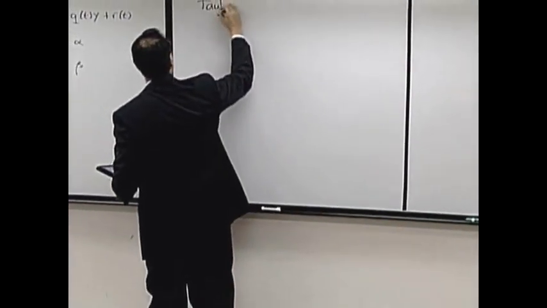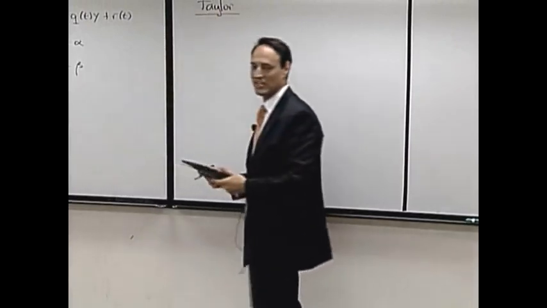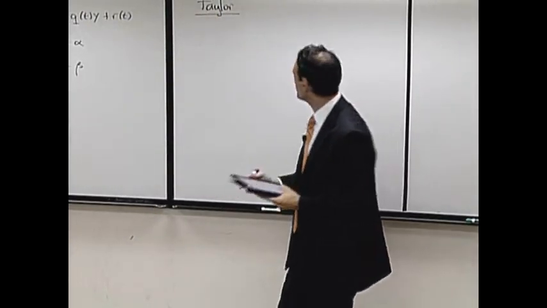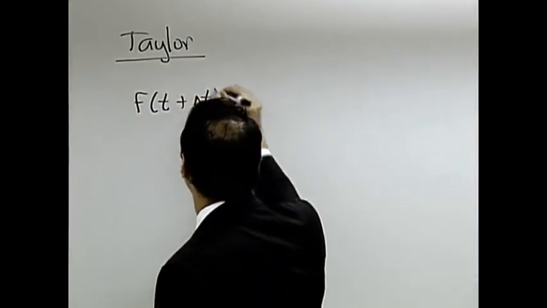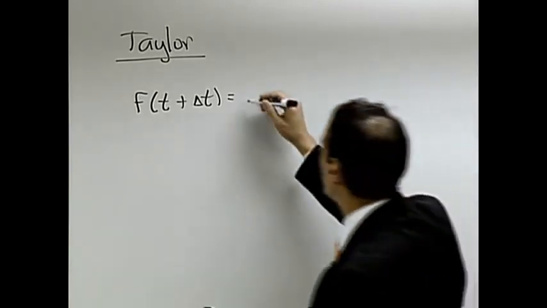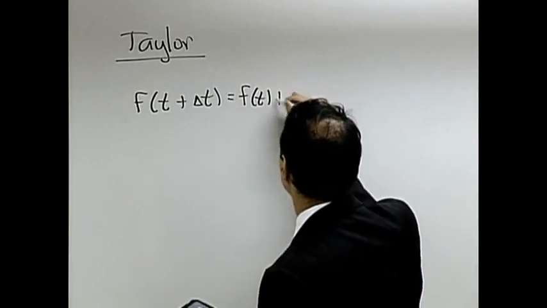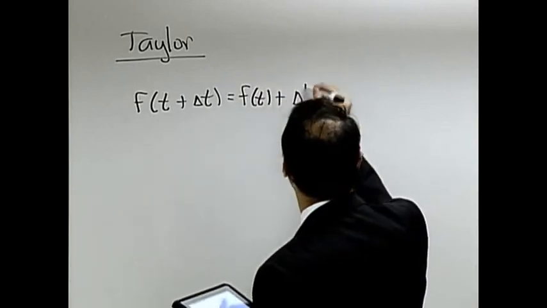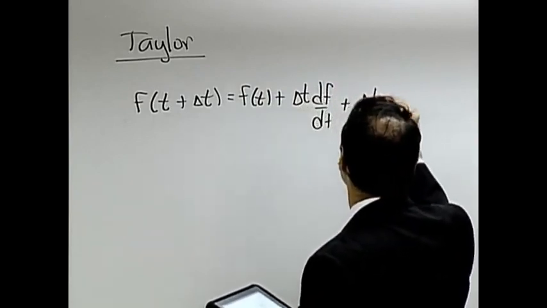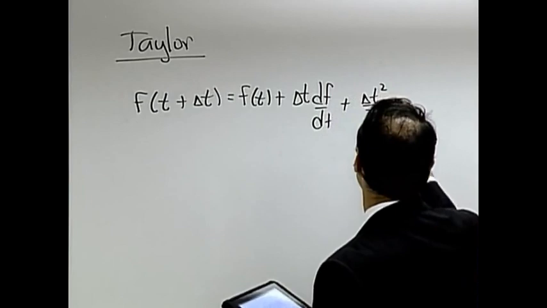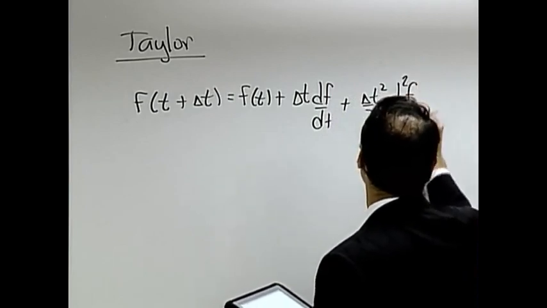And I'm going to show you the magic of Taylor. Let's take a function and evaluate it at t plus delta t, expanding around f of t. The Taylor series is f of t plus delta t times the derivative, df dt, plus delta t squared over 2 factorial times the second derivative.